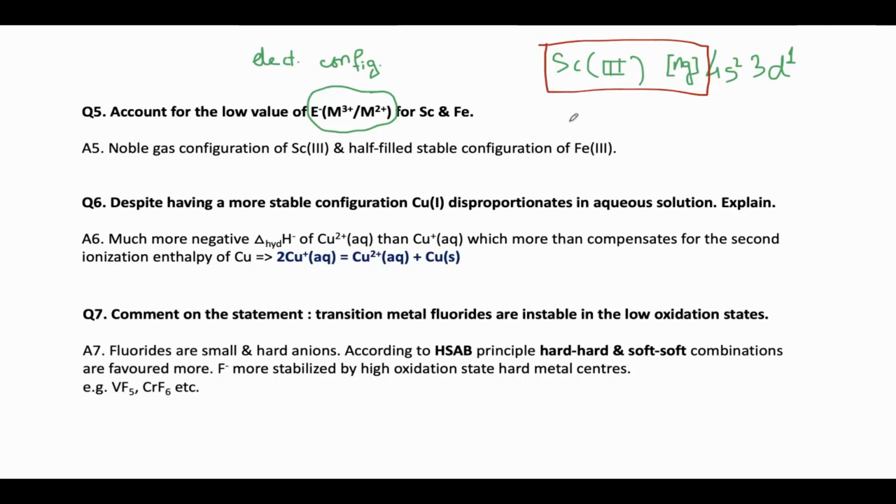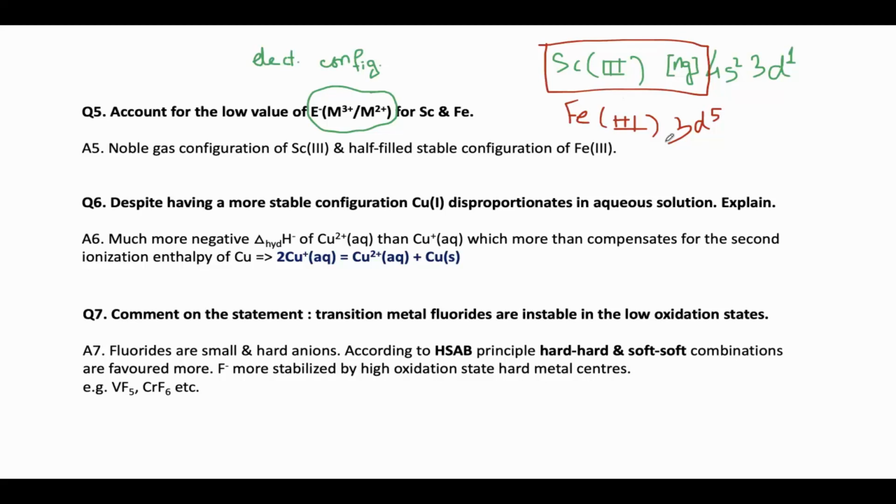And in case of iron 3+, you know iron 3+ is a d5 system. So here you can see scandium 3+ has a very stable noble gas electronic configuration, and iron 3+ also has a half-filled d5 electronic configuration. So both these configurations are very stable.